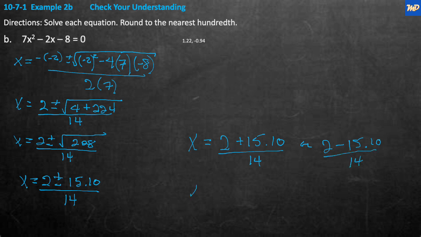And that comes out to be, when you take 15.10 plus 2, that is 17.10 divided by 14, which is equal to 1.22. And the other x is equal to 13.1 divided by 14, and that is equal to 0.94.